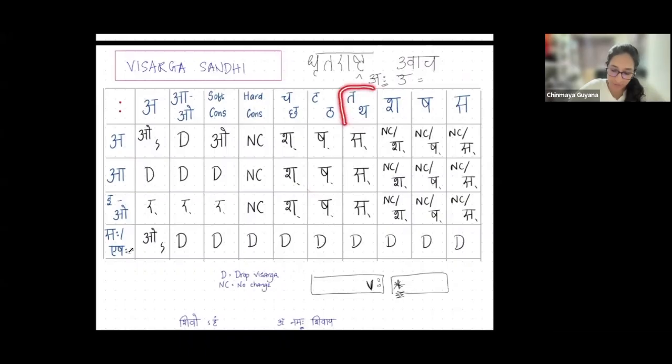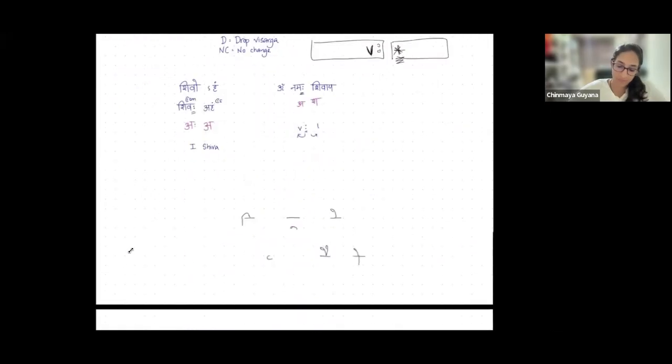But the ta also has its own column. The word was Duryodhanaha. So it was a visarga. If you used the hard consonant rule, you would have had Duryodhanaha tada. No change. But the ta has its own column. That is why it becomes sa halant, Duryodhanas tada. Not Duryodhanaha tada.